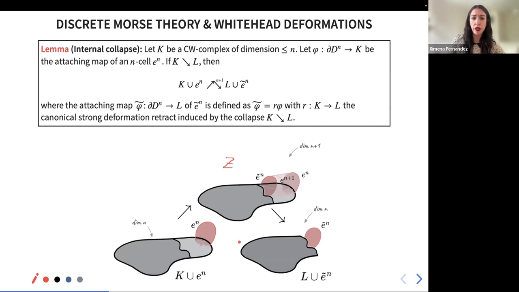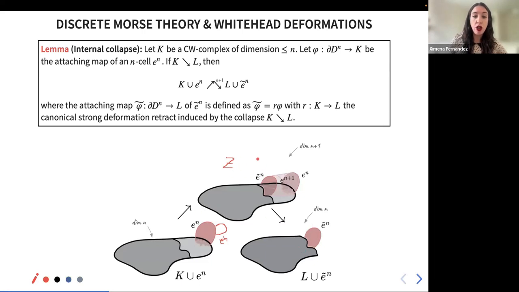Then suppose that you want to iterate, so you have a new, let's say, critical cell here, E prime. And then the idea is to construct a new attaching map on top of this new complex.